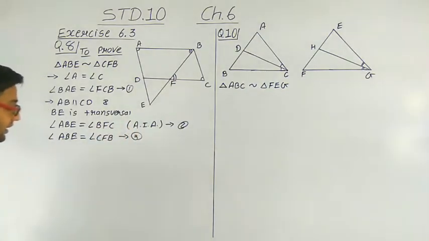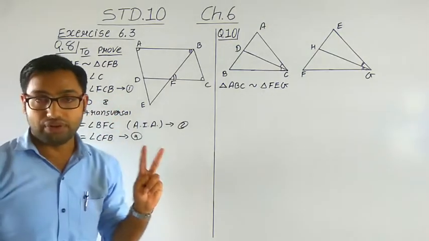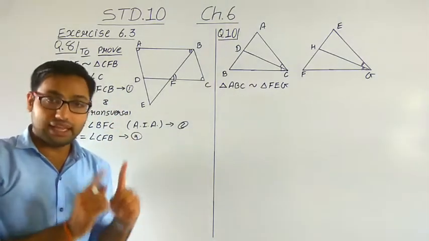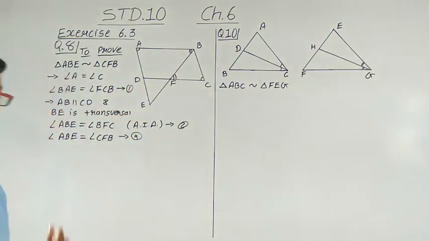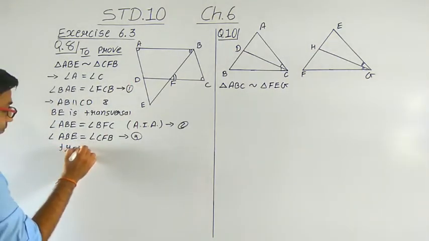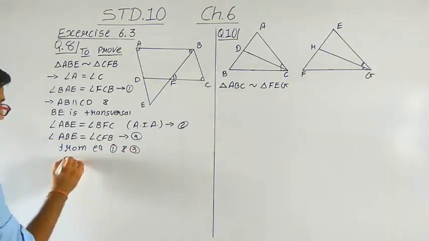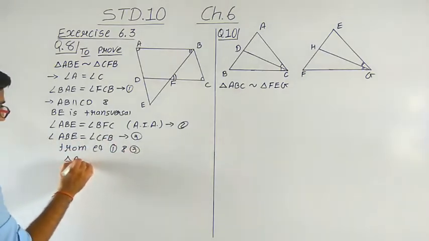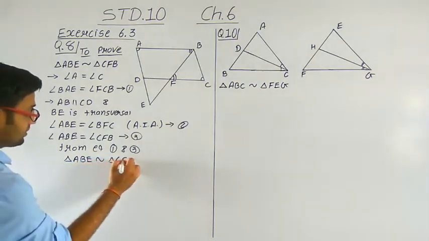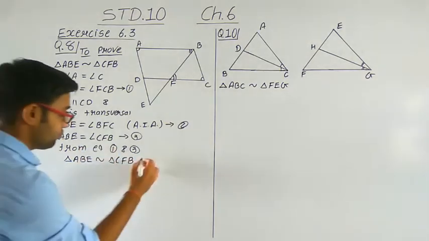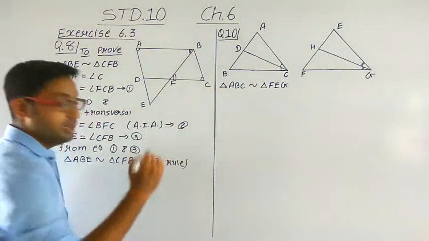Now see, from equation number 1 and 2, if two angles of a triangle are equal to two angles of another triangle, then by the angle-angle similarity criterion, we can say that both the triangles are similar. So from equation number 1 and 2, we can say that triangle ABE is similar to triangle CFB, by the angle-angle criterion.